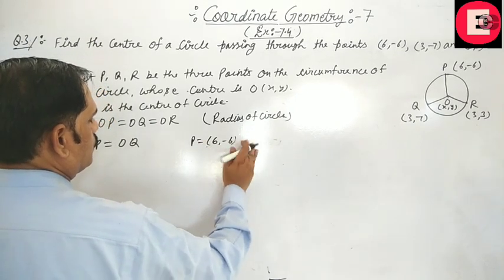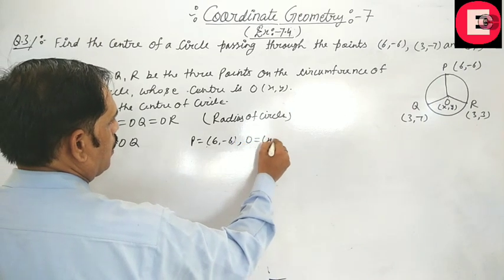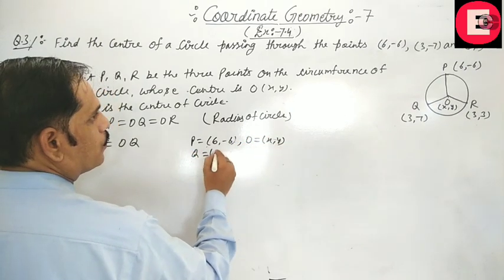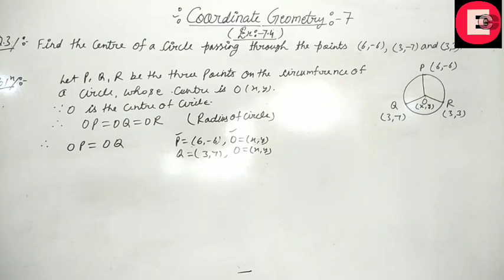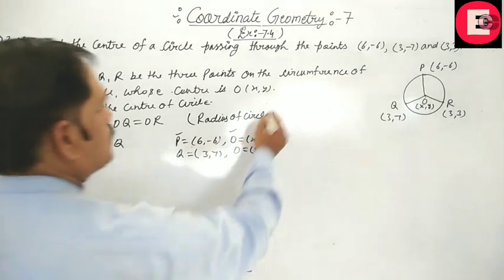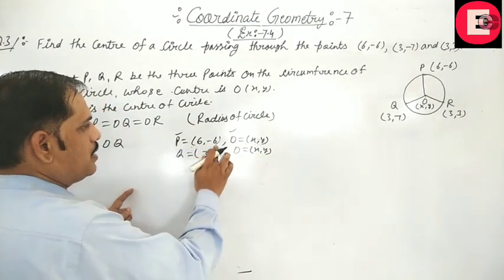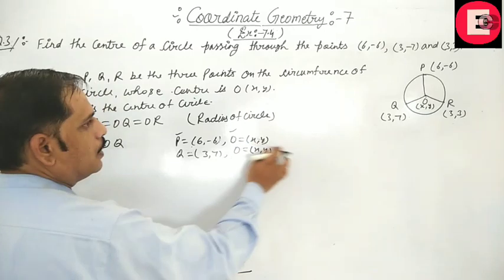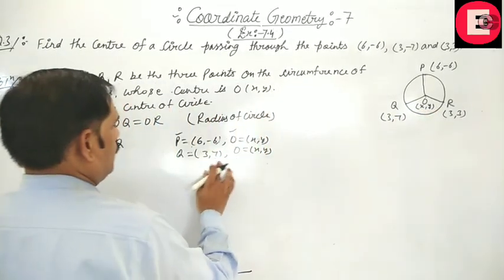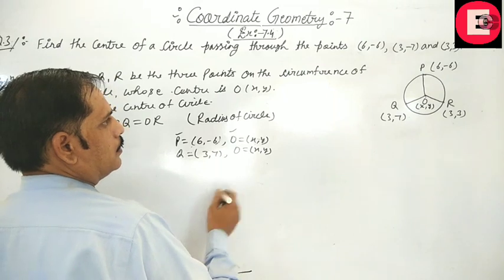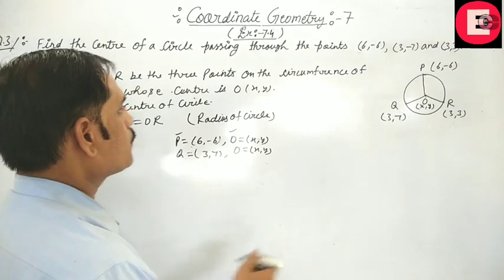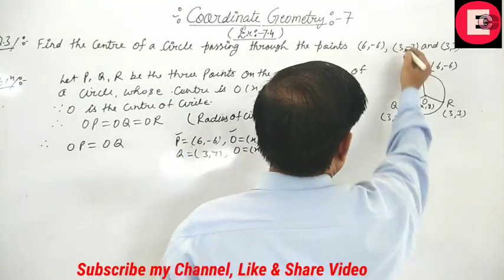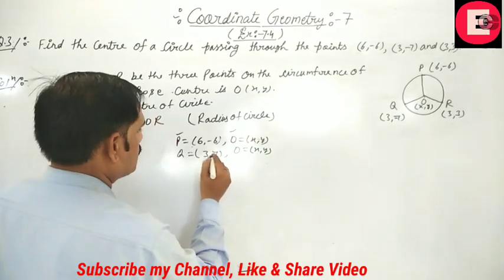Now for OQ, Q is (3, -7), and O is (x, y).